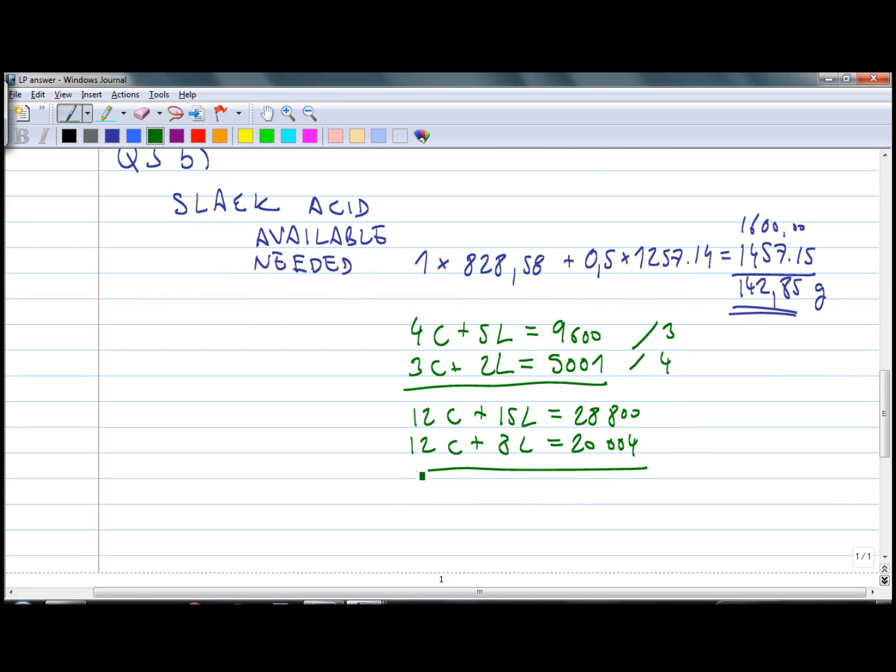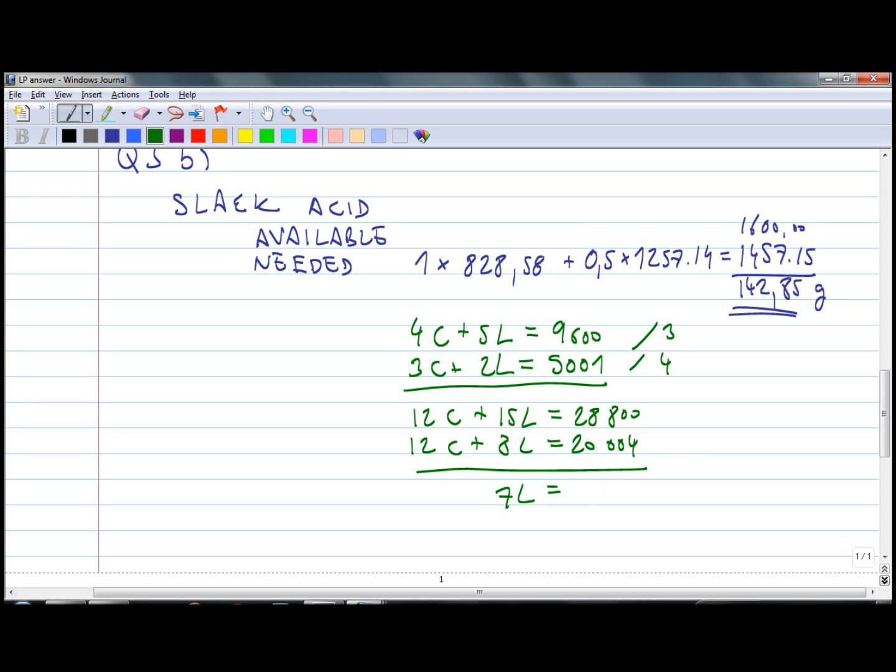Subtracting the second equation from the first equation, we get 0C and 7L equals 8796.